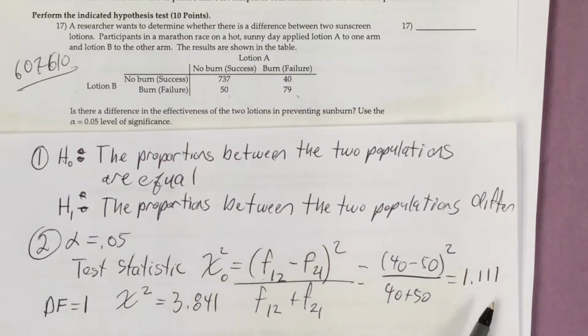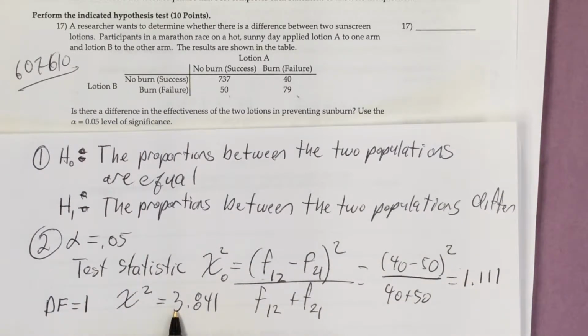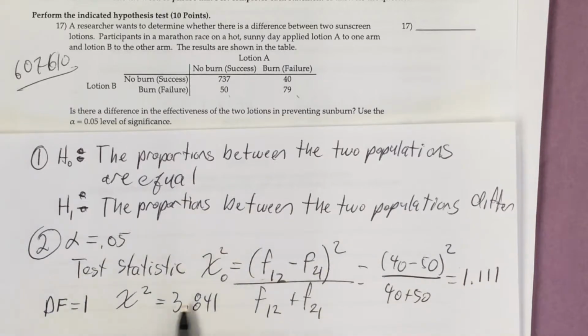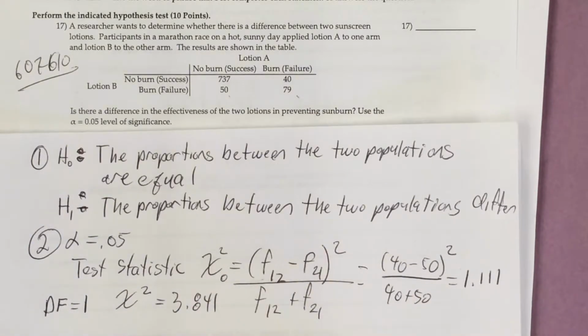Now, the test statistic is 1.11 and the critical value is 3.841. The test statistic has to exceed the critical value. If the test statistic does not exceed the critical value, we do not reject H0.